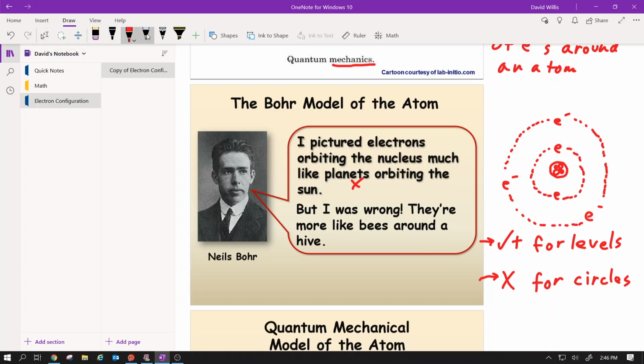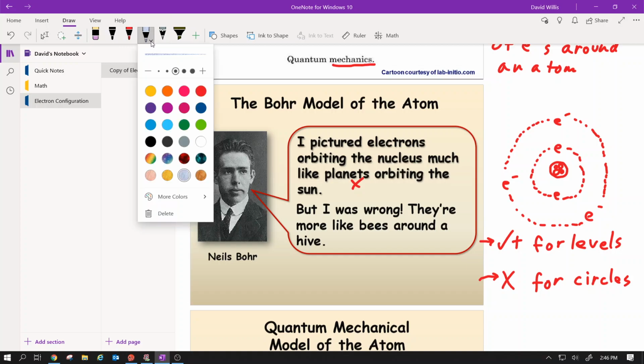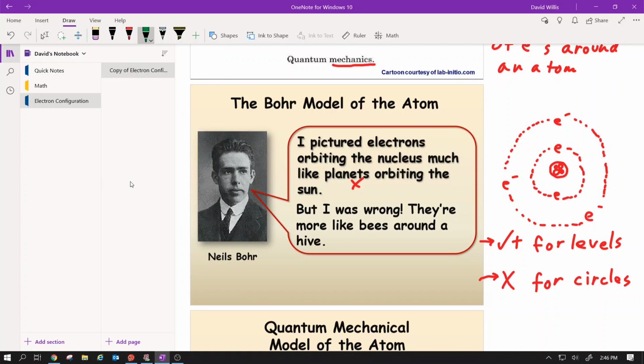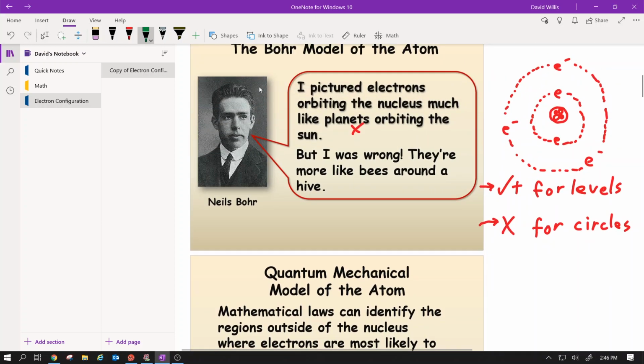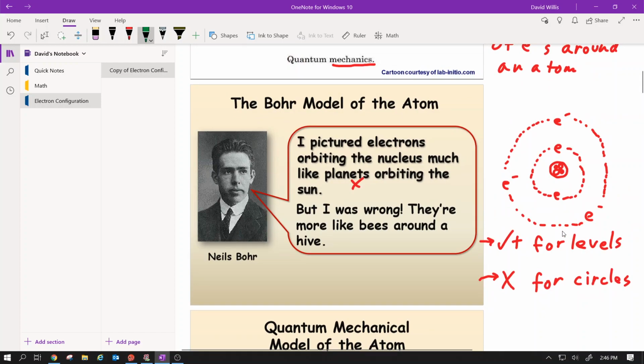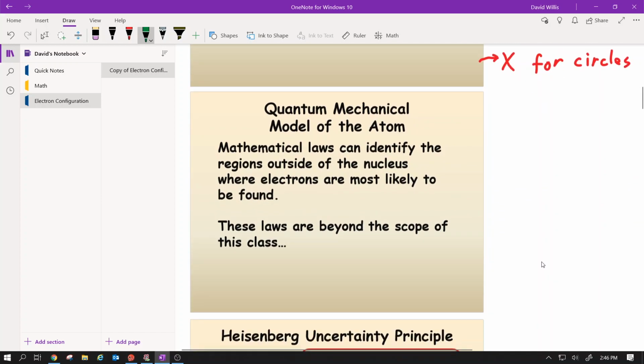All right, I'm going to move on, and I'm going to move to a different color of pen, because I need variety. Let's try the green and see how that works for us. Maybe we'll try the rainbow before it's all over. So this was our first idea of them being in levels, but then we transitioned to, yes, there are levels, but what those levels look like.